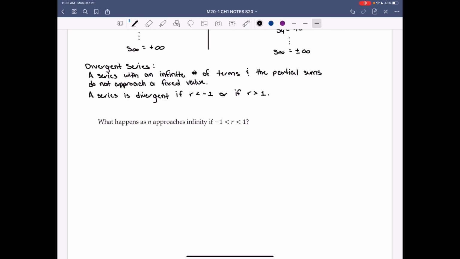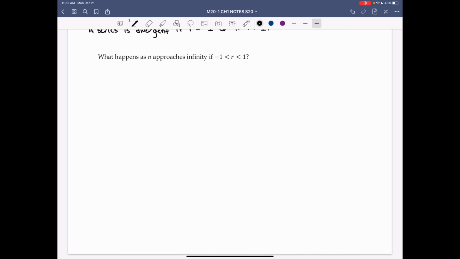What happens as n approaches infinity if r is between -1 and +1? Let's look at an example.